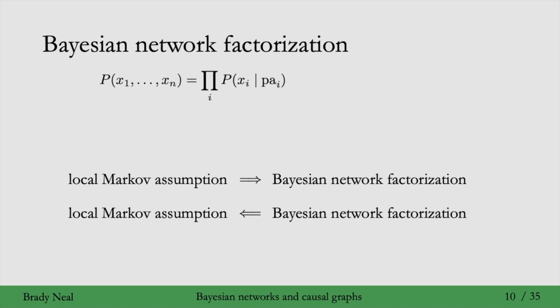And it turns out that the Bayesian network factorization also implies the local Markov assumption. So these two related properties are actually equivalent. And you can see proofs for this kind of stuff, for example, in Chapter 3 of Koller and Friedman, which is a probabilistic graphical modeling book.